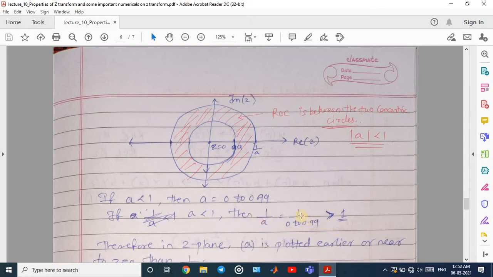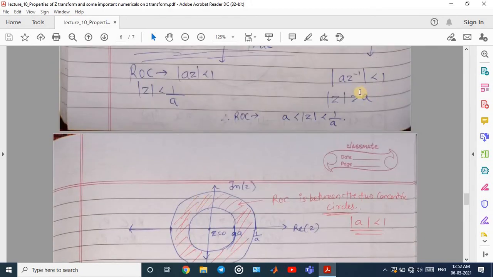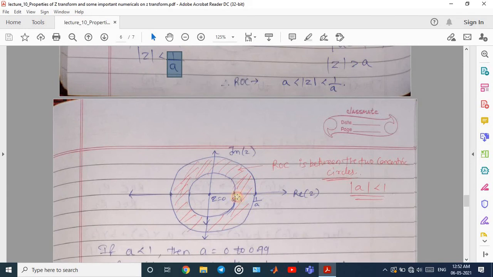So we have to take this pole a near to 0, and the other pole after this one. So the first one is a and the second one I have taken 1 upon a, and the ROC is in between the two concentric circles.